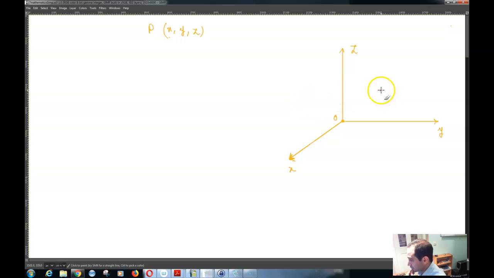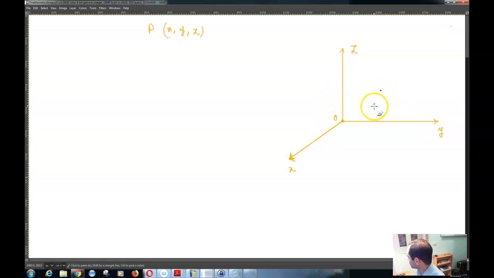So through this point over here, you want to draw 3 planes in such a way that they are parallel to the XZ plane, parallel to the YZ plane, and also parallel to the XY plane.